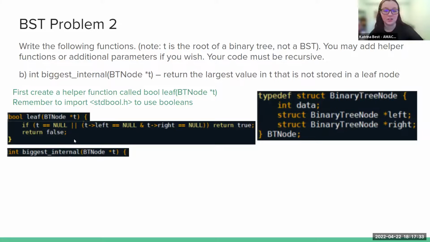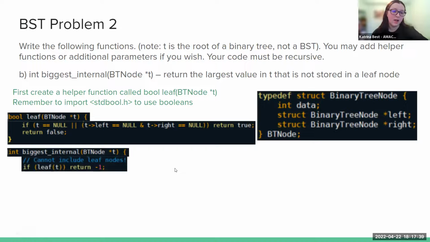Otherwise, you return false. If it has a child or it has 2 children, then you want to return false. So as you go through, if the head of your BT is just a leaf node, then just return -1, because that's an error. You cannot have a leaf node.